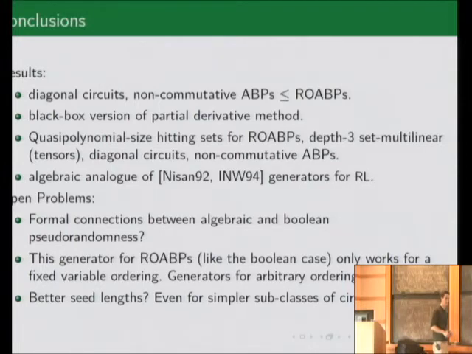So your pseudorandomness generator, very analogous to the Nisan generator, does it also give you an analog of the eigenvalue generator? You can debate which it's closer to. I don't know.